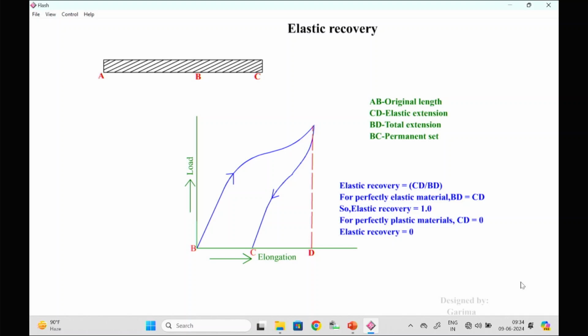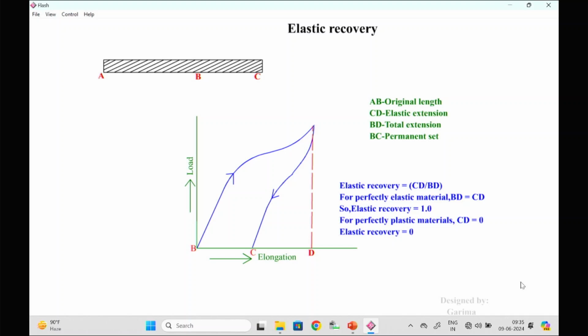Perfectly elastic material means the material will recover completely where BC is 0. That means there is no permanent deformation. So when BC is 0, BD will be equal to CD. That's the condition, and in that case elastic recovery will be 1, that is 100% recovery.